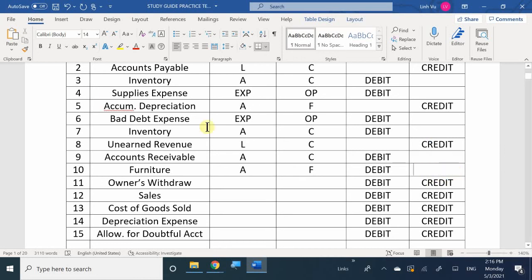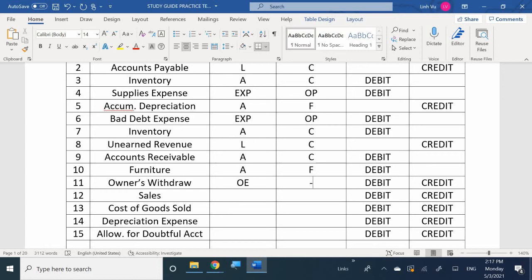Okay. What about owner's withdrawal? OE, which is owner's equity. Good. And then none for the category. Excellent. Now, what kind of balance would an owner's withdrawal have?